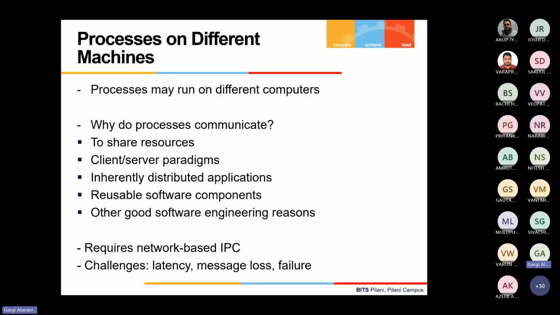Any examples anyone can think of, an example of a client server paradigm? Yes, ma'am. One example is when we are working on Kubernetes services, there are multiple nodes, but two major groups of nodes, a master and a slave node, or master and user node.